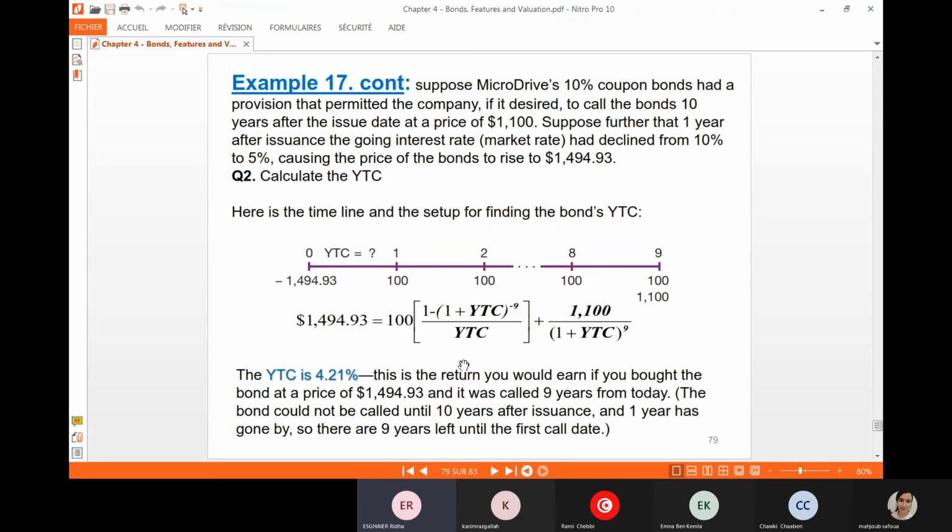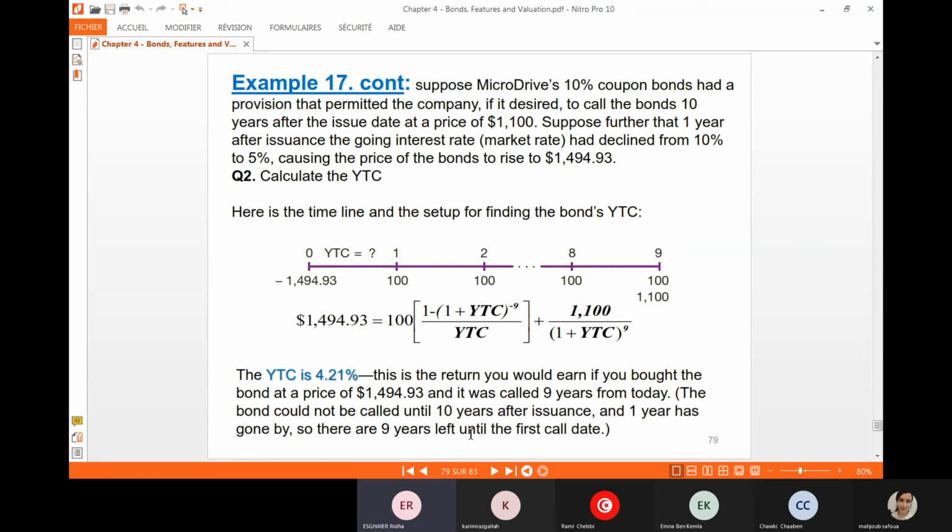We tried different values of the discount rate to see which gives us this equality. Linear interpolation gave us a yield to call of 4.21%. This is the return that you would earn if you bought the bond at this price, but the bond is called 9 years from today.